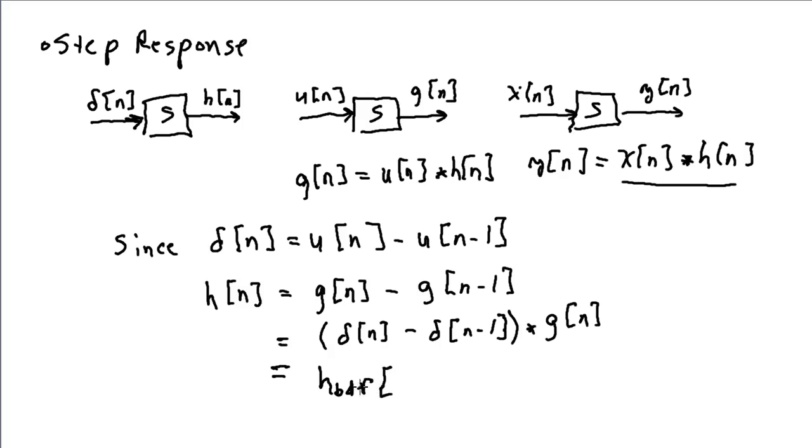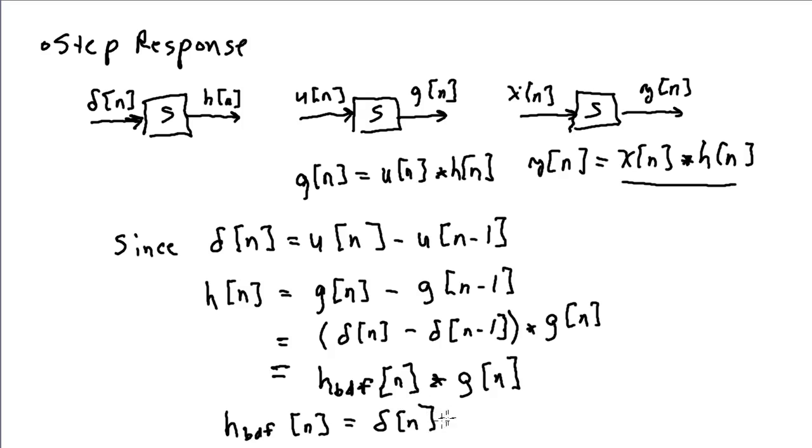So h BDF of n convolved with g of n, where h BDF of n is defined as a system whose impulse response is actually delta n minus delta n minus 1. So this is the definition of a backward difference system.